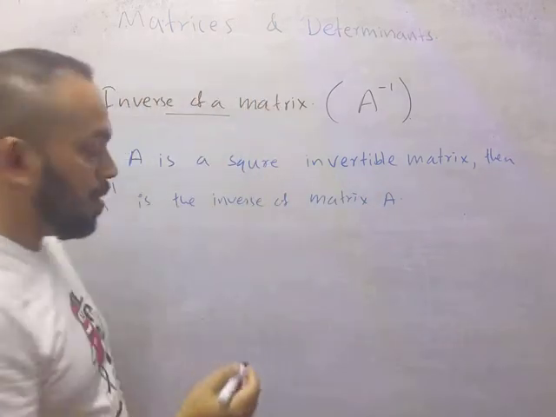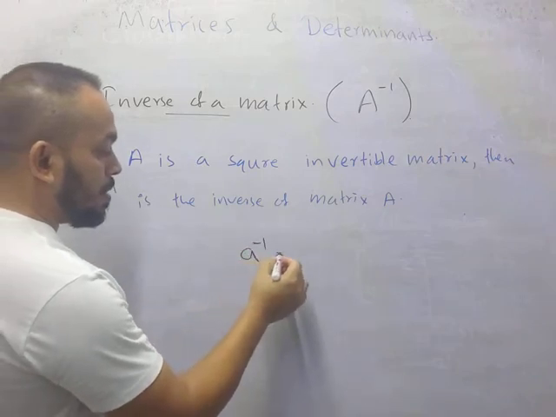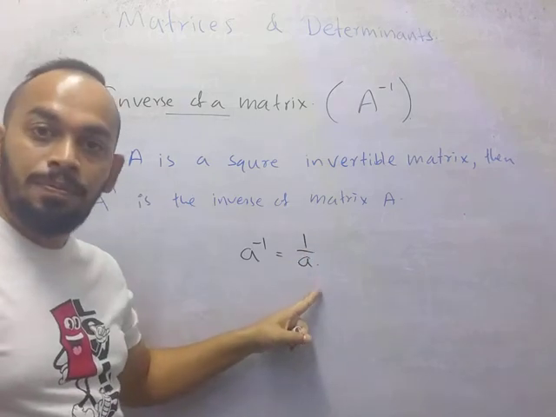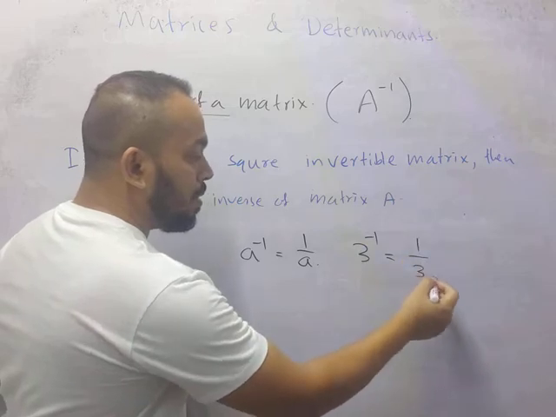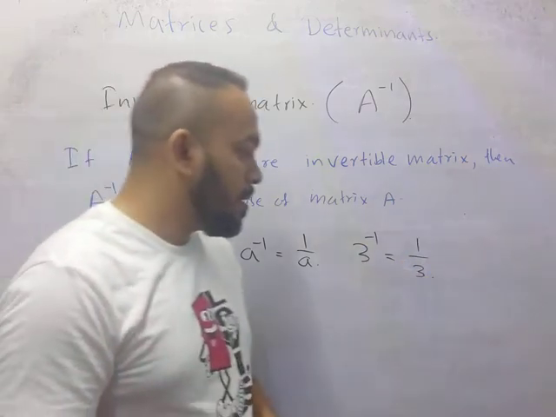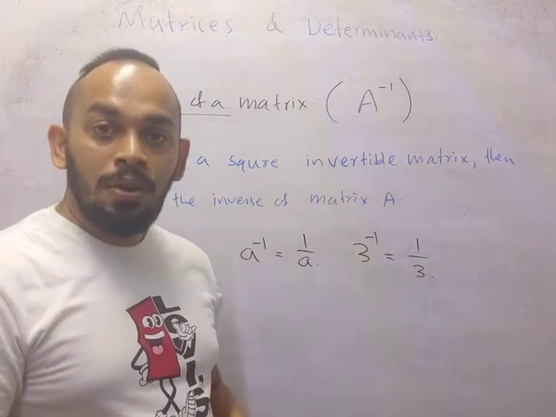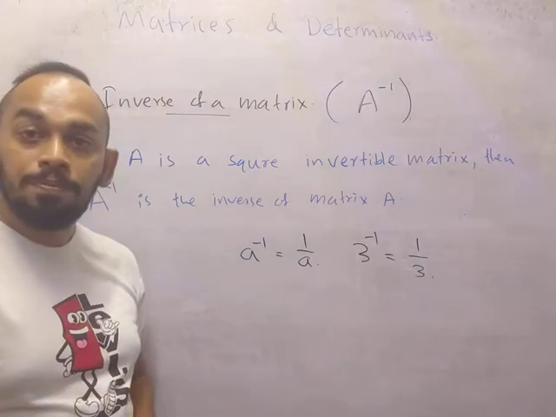For example, 3 inverse means 1 over 3. It's actually 3 to the power minus 1, which is 1 over 3. And A to the power minus 1 is 1 over A.